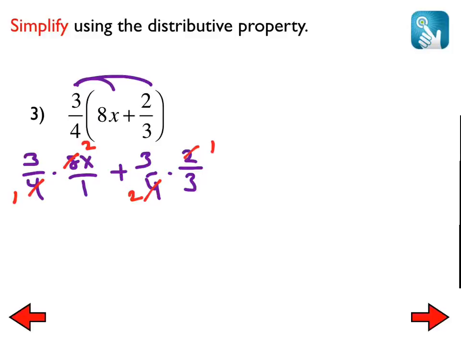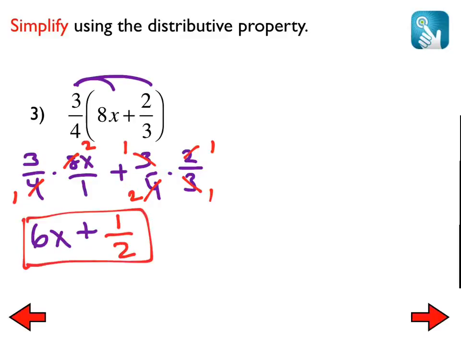Multiplying straight across for the first set. 3 times 2 is 6x over 1, we don't need to write, plus 3 times 1 is, we have another cross cancel here. So 1 times 1 is 1, and then we still have a 2 at the bottom.